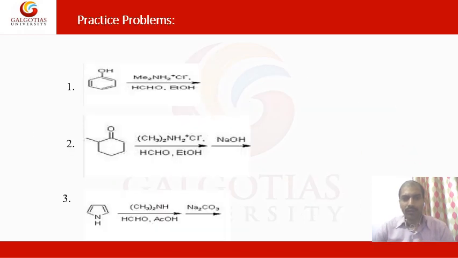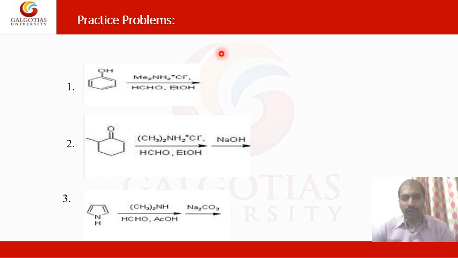After all this mechanism, we discussed a number of name reactions; among them the Mannich reaction, Stobbe reaction and benzoin condensation are very important, apart from the aldol condensation reaction. These are the condensed products formed at the end of the reaction.